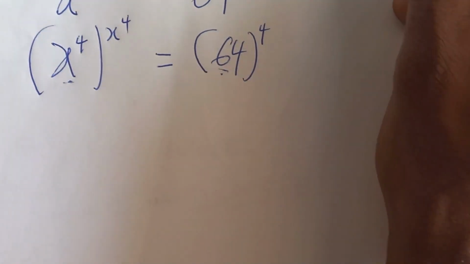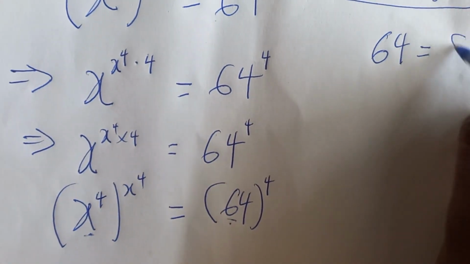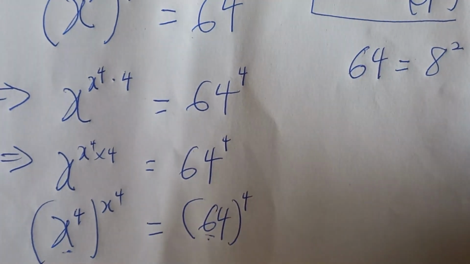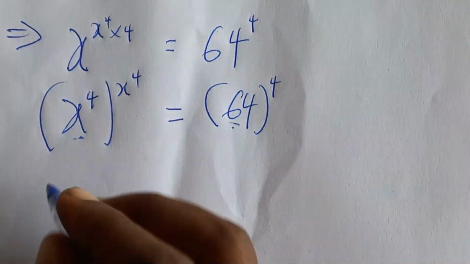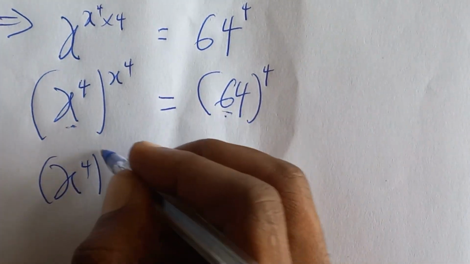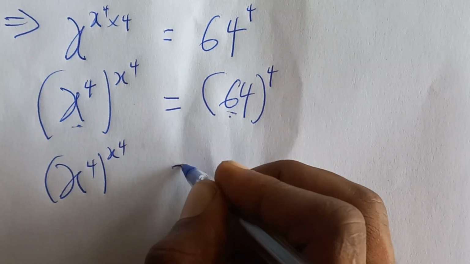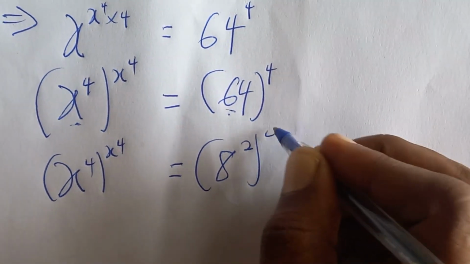So 64, we can express as 8 squared, because 8 times 8 is 64. So we can get x exponent 4 into bracket x exponent 4 is equal to 8 squared or 4, like this.